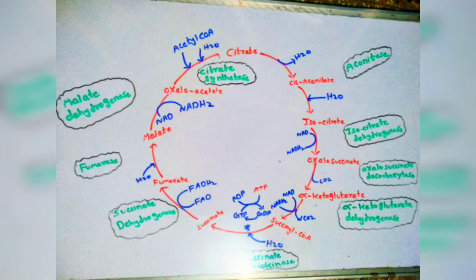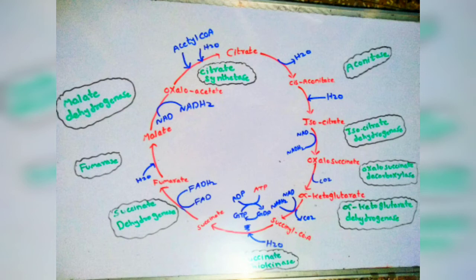NAD also acts as a hydrogen acceptor, and one NAD is getting converted into NADH2, and a carbon molecule is released in the form of carbon dioxide. The name of the enzyme is alpha ketoglutarate dehydrogenase, since it catalyzes dehydrogenation, that is removal of hydrogen. This is how alpha ketoglutarate is converted into succinyl CoA.